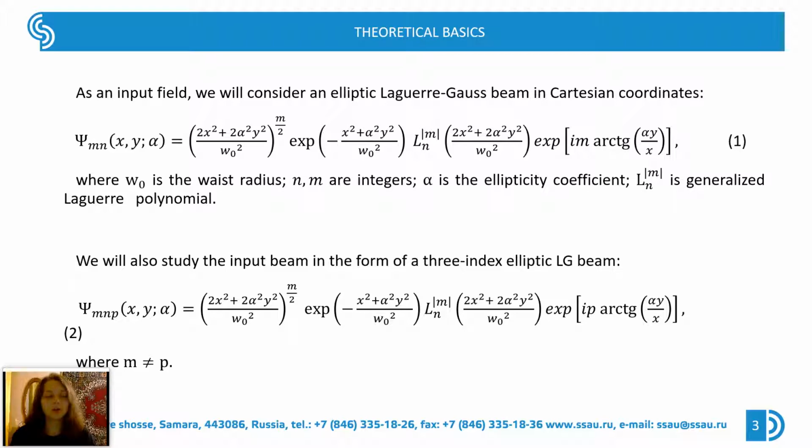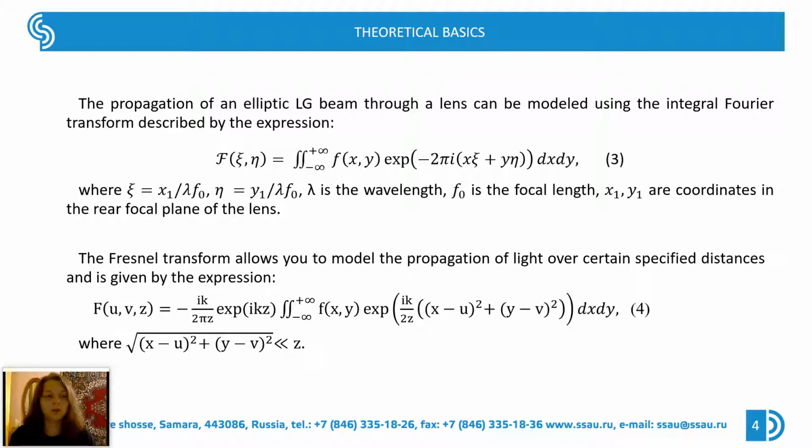We come now to the description of propagation of LG modes. It's known that using a lens in optics the Fourier transform is performed. In the coherent light, the distribution of the light amplitude in the rear focal plane of the lens can be represented as a 2-dimensional complex Fourier transform of the distribution function of the light amplitude in the front focal plane of the lens.